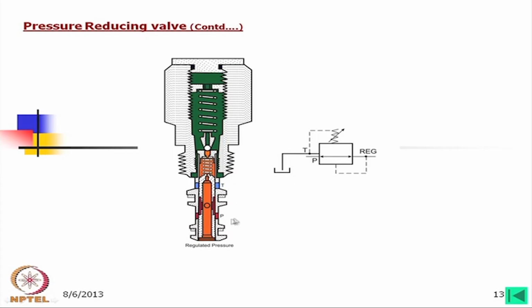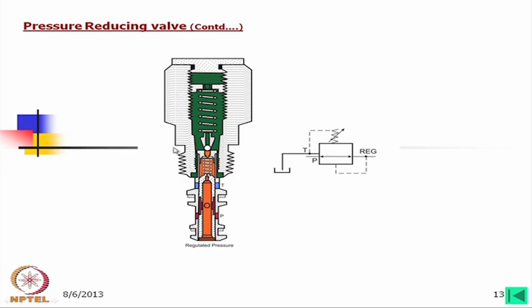So, this means that it is having one flow in and then regulated pressure flow out, and then this is to the tank.